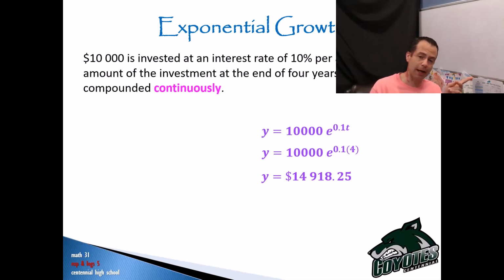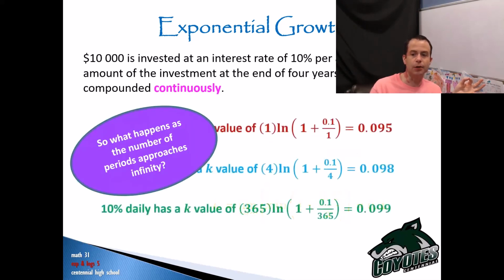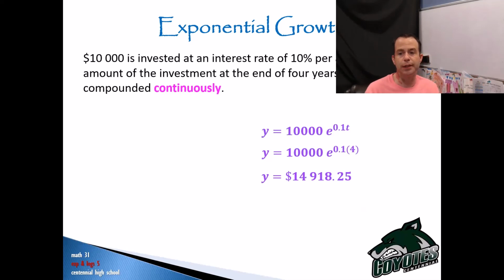Okay, let me just go back for a second. This was 14,918, and I didn't do the daily one with you. Let me do the daily one with you right quick. If this was daily, I'll just show you the difference. It would be 10,000 times E to that would be 365 ln of 1 plus 0.1 over 365 times 4.